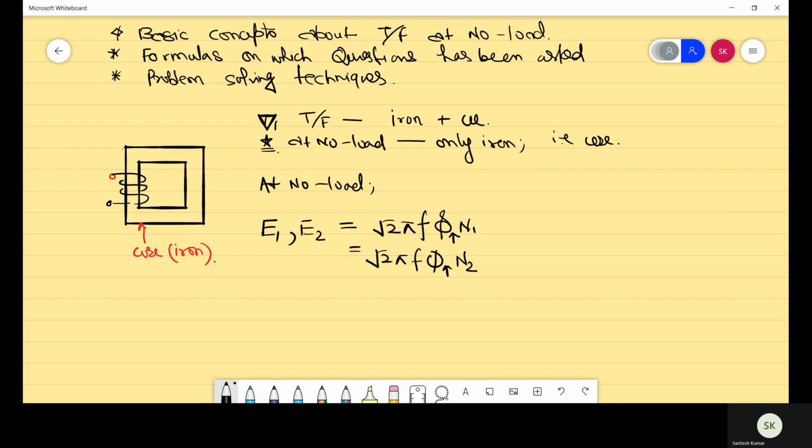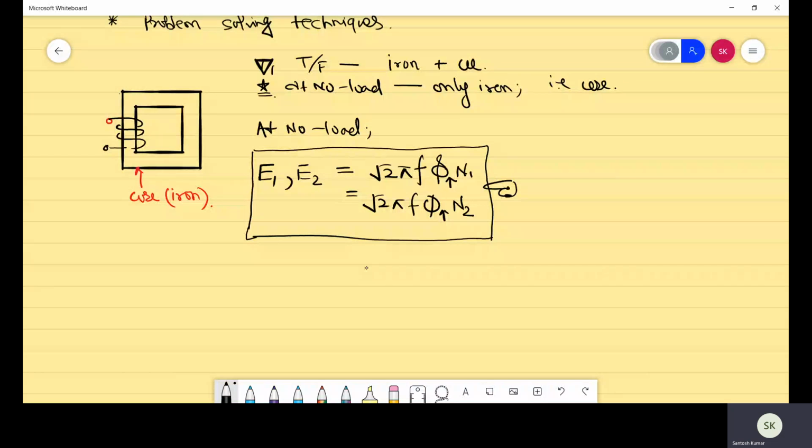So we have to remember this. We will see how the question is solved with this formula in the next video. Here phi max is the maximum flux in the core.